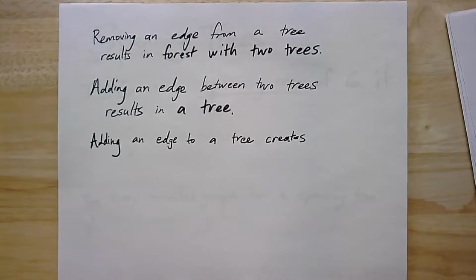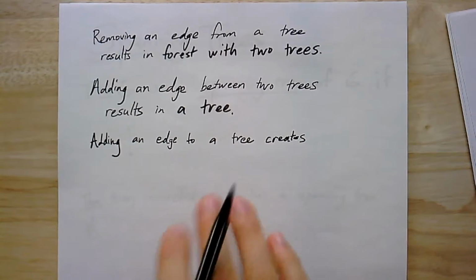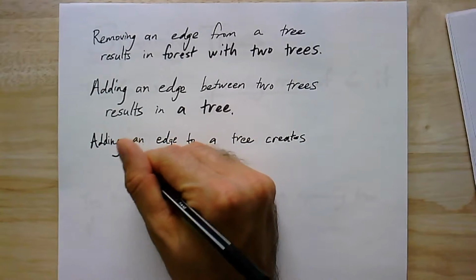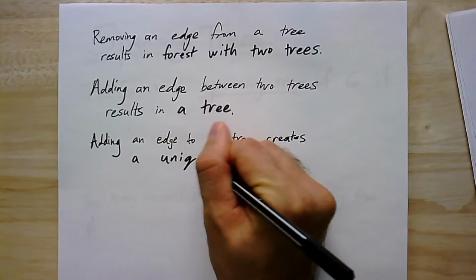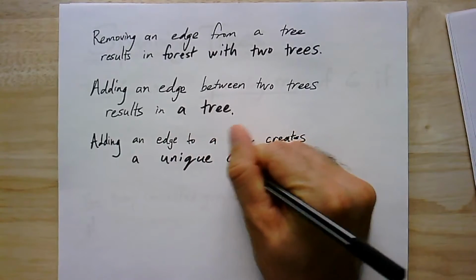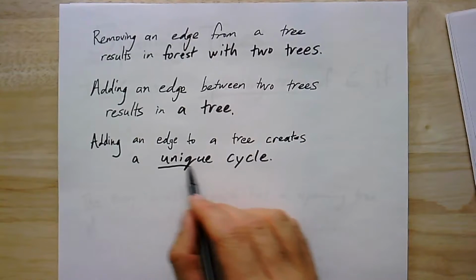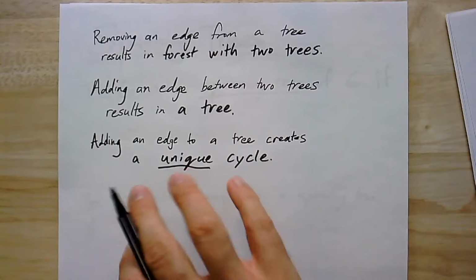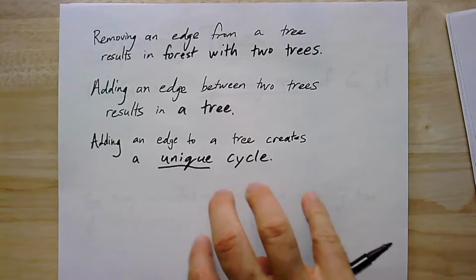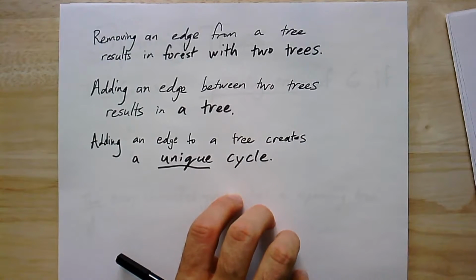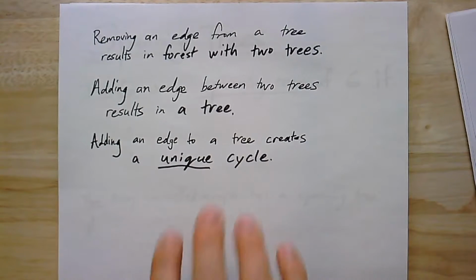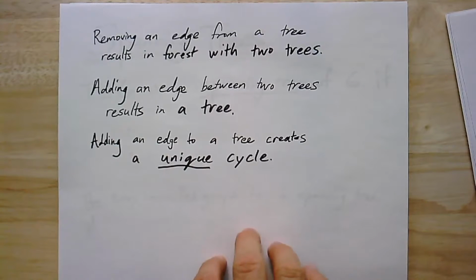Also, adding an edge to a tree, so if I had a tree and I add just one edge, that creates a unique cycle. We'll see this one in more detail. So there's exactly one cycle. Again, when I say unique here, I mean unique up to isomorphism. Obviously, you can rotate within the cycle and get different cycles, or you could reverse the cycle, but it's the same one.